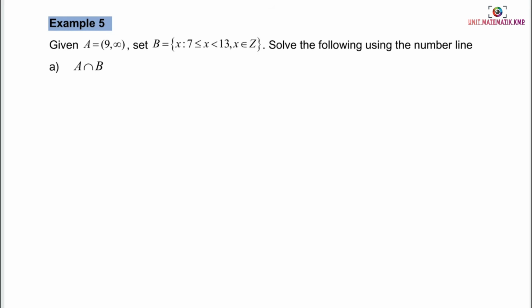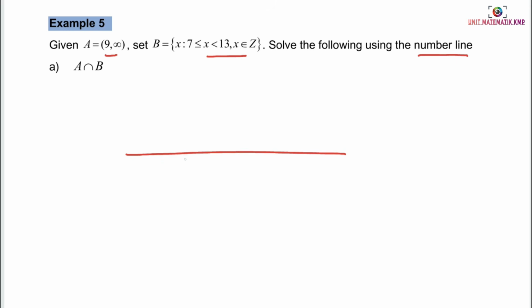Example 5, given A equals infinite interval 9 to infinity, set B the set of x where x greater than or equal to 7 and less than 13, where x is an element of set Z, integers. Solve the following using the number line. A intersect B. First, draw the number line.